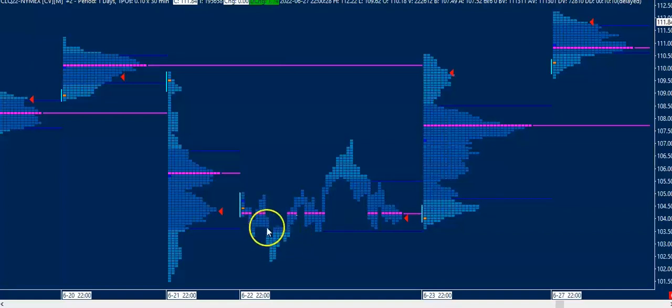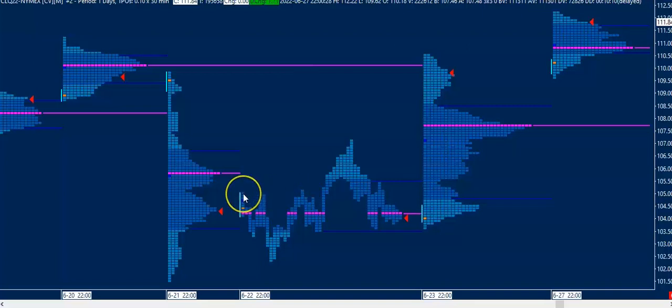So we failed here at the value area low, pushed price higher, again back up to the high of this day. We hit this node again, right? And at this point, you can see that this is going to be chart resistance, right? So we know that price has already tested this level once, it's tested this level again, and now we're testing it again.